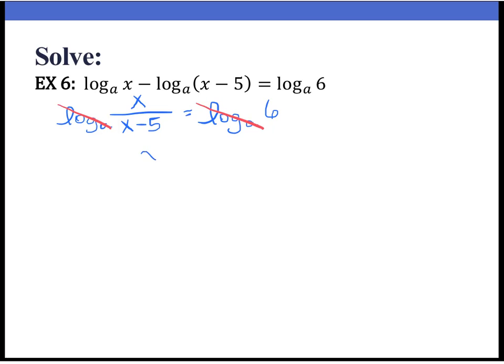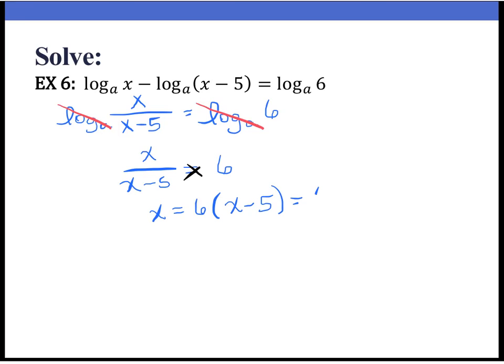So we'll write what's left equal to each other, and this we can actually solve. We can cross multiply this. So cross multiply, and we'll end up with x equals 6 times x minus 5.